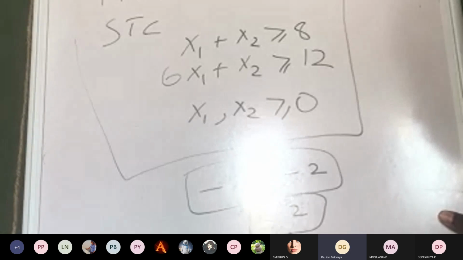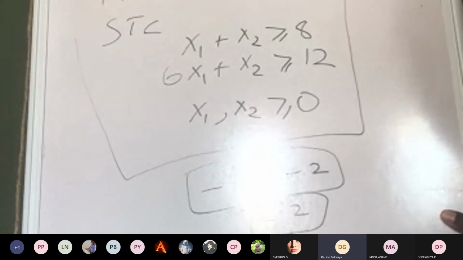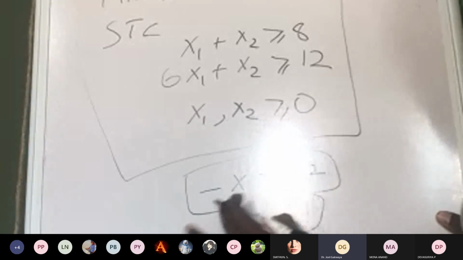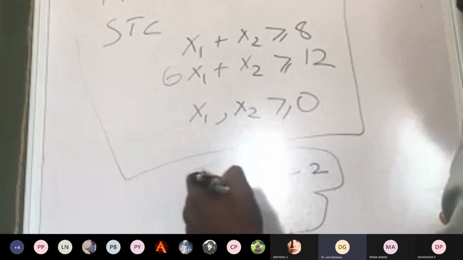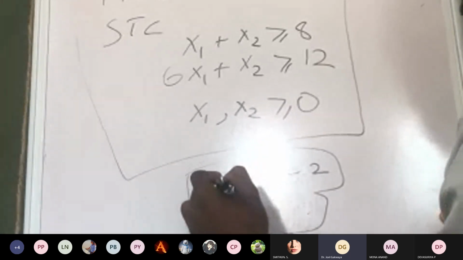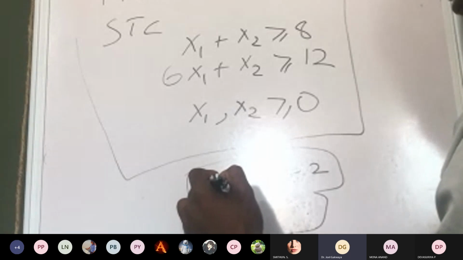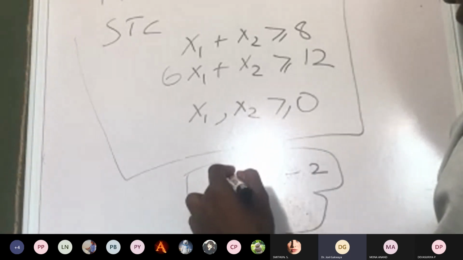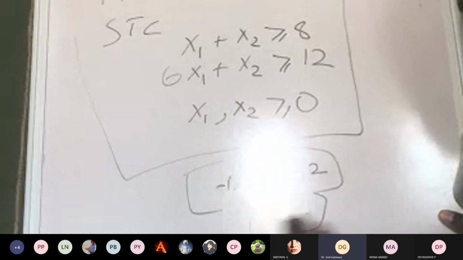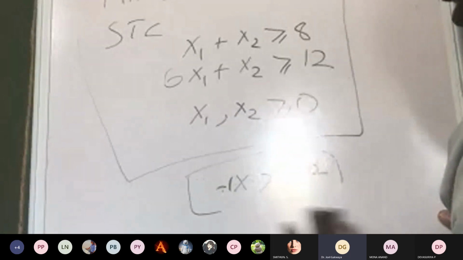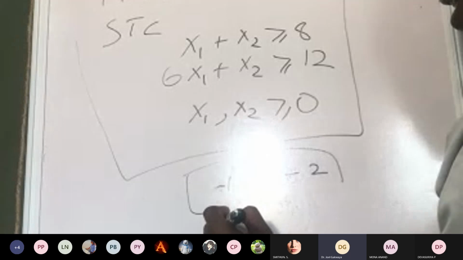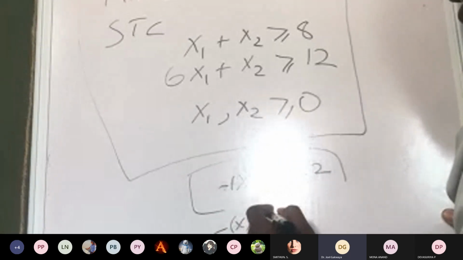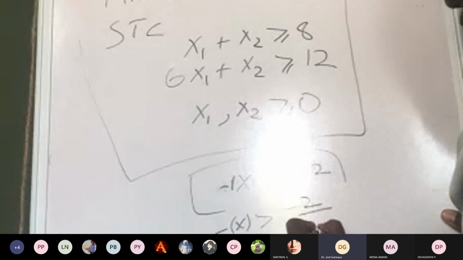If you encounter the same, you can tell me. Why? Because I consider this as carrying -1 here. So when we divide, the minus x is still there: -x <= -2, divide by -1.